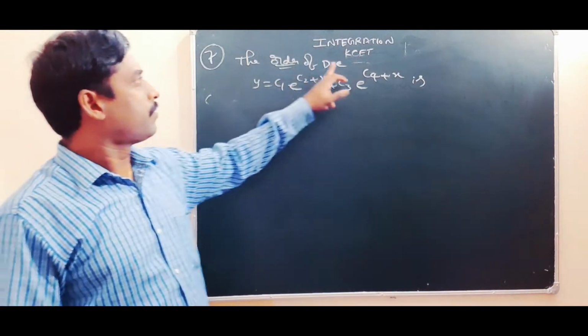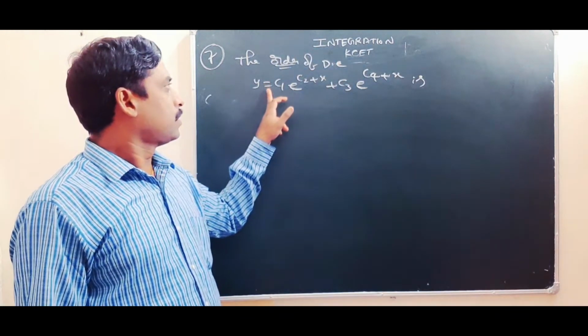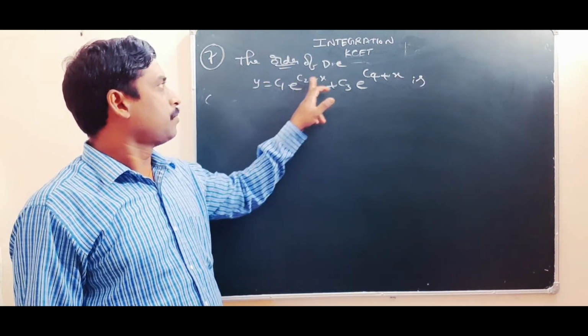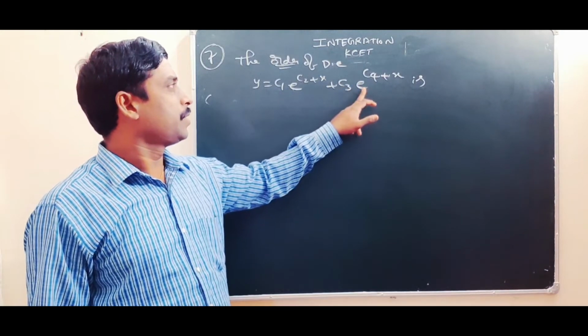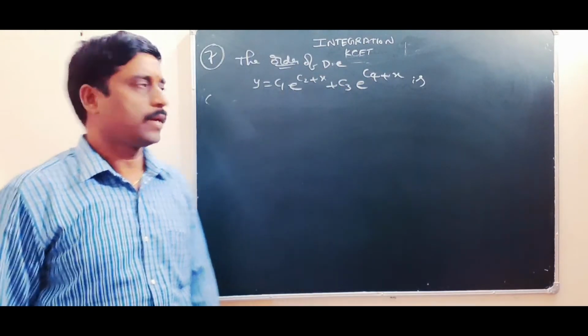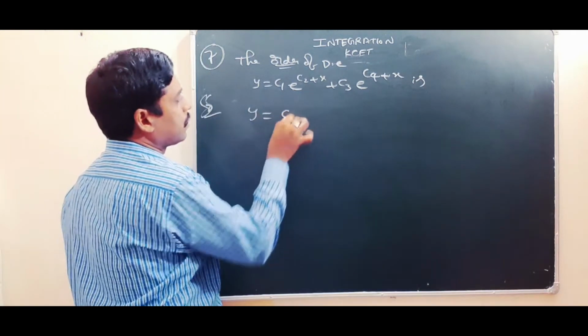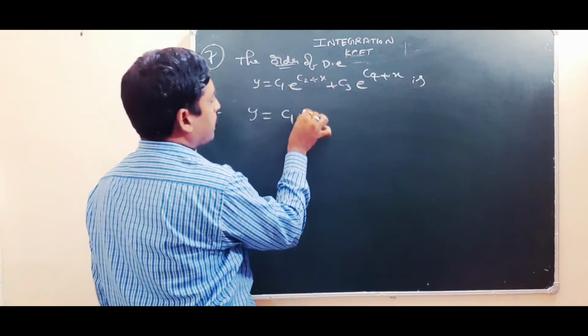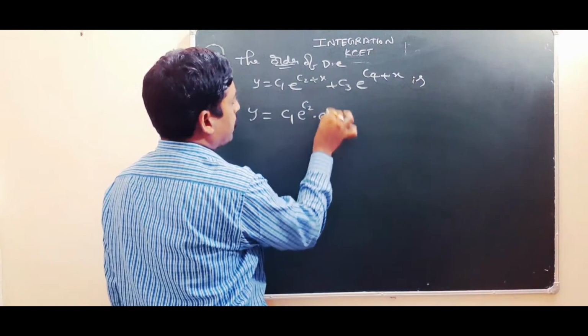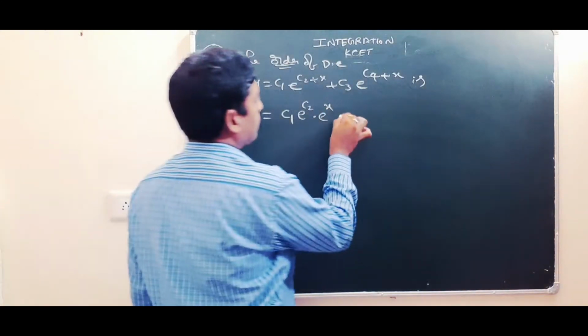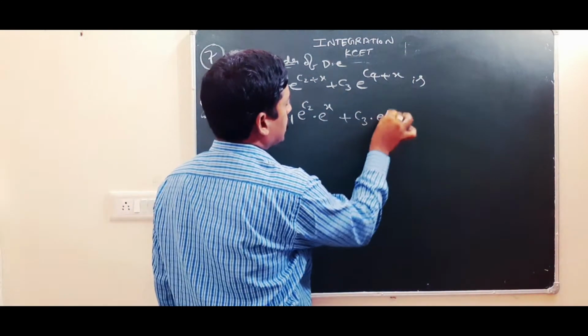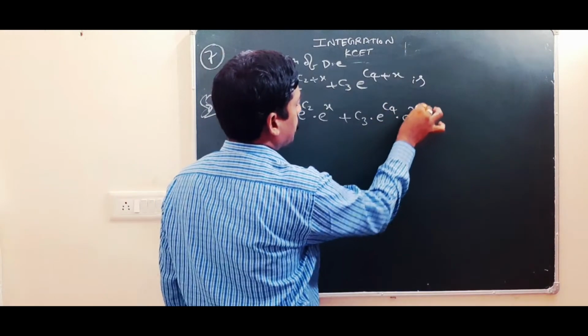The order of the differential equation, y is equal to c1 e to the power c2 plus x plus c3 into e to the power c4 plus x. So y is equal to c1, constant, e to the power c2 into e to the power x plus c3 into e to the power c4 into e to the power x.